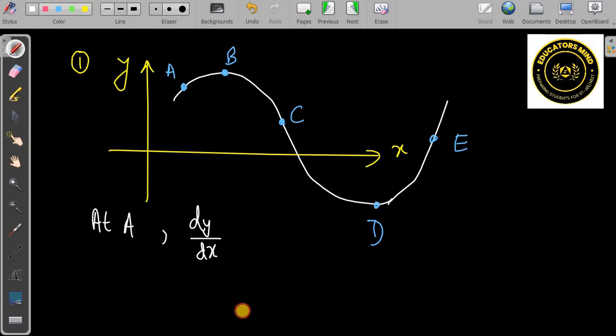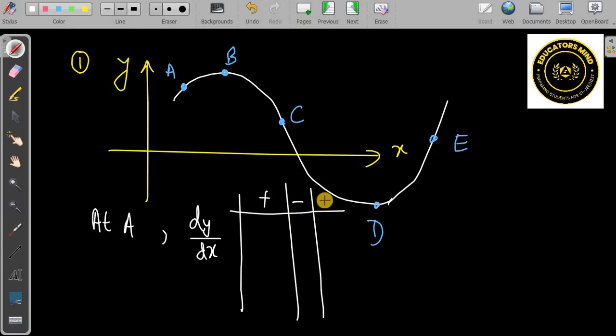Okay, so tell me at point A. You can draw a tangent there, like this, and you will see that it will be making theta. This theta angle is acute here. Because of the acute angle, slope tan theta will be positive. So it will be positive.